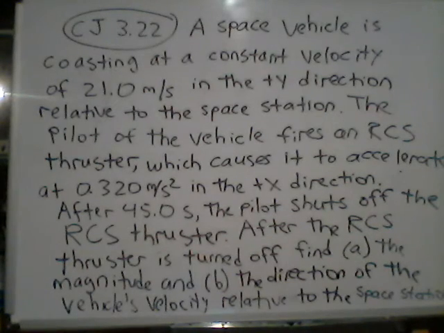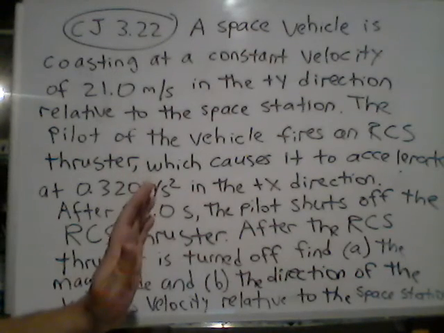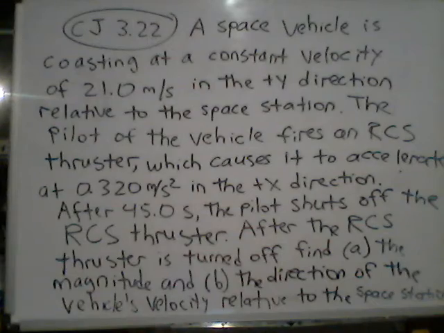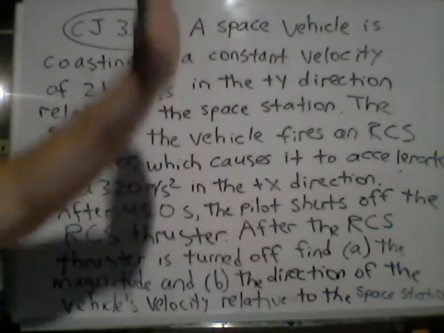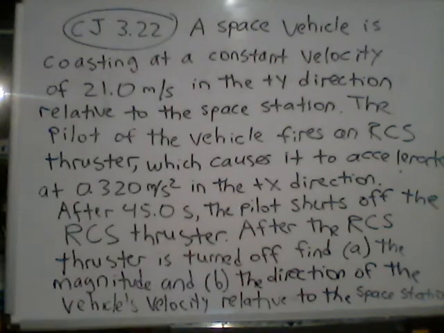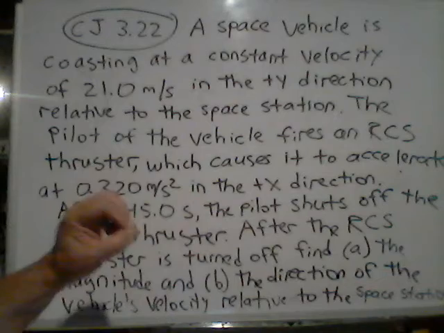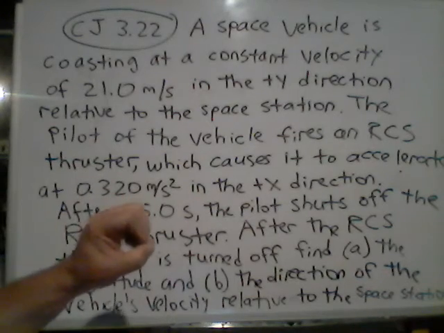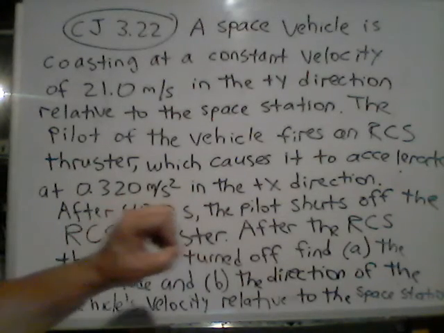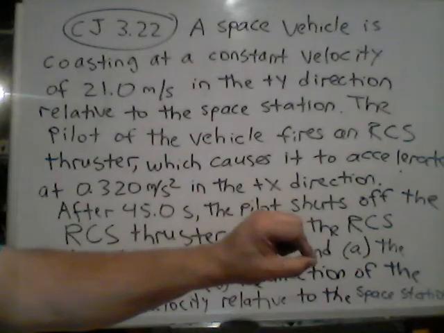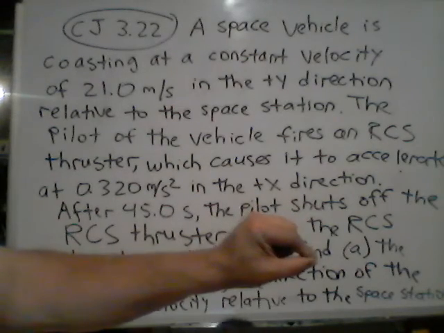You're getting acceleration for a certain period of time. So when the RCS thruster gets shut off, you're still going to have that 21 meters per second constant coasting in the y direction. In the x direction, on the other hand, you will start from a velocity v naught sub x of 0, and you will accelerate for a certain amount of time, and you'll end up with a component of v sub x.